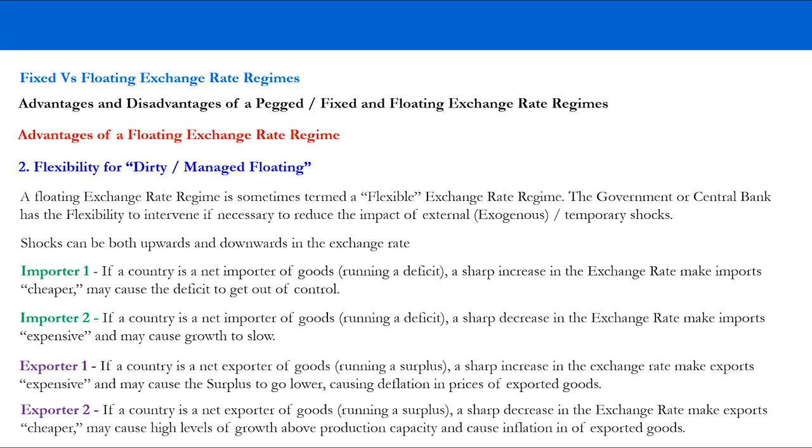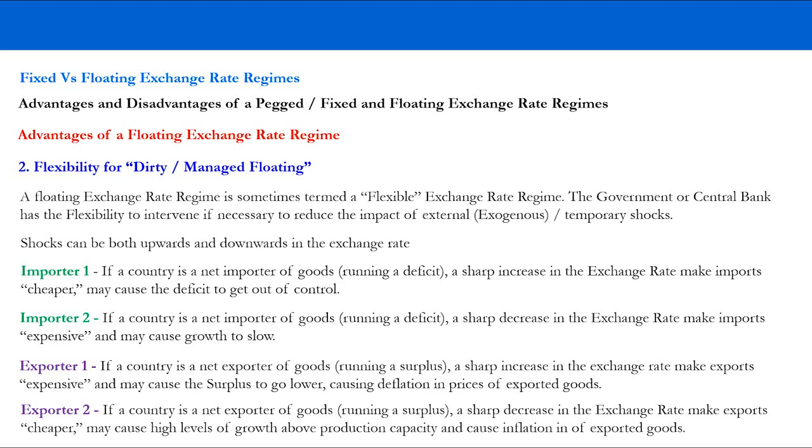Another widely accepted advantage of a floating exchange rate regime is the flexibility to have a dirty or managed float. What do we mean by that? Well, if you have a floating exchange rate regime, you've essentially not got a fixed or pegged regime.